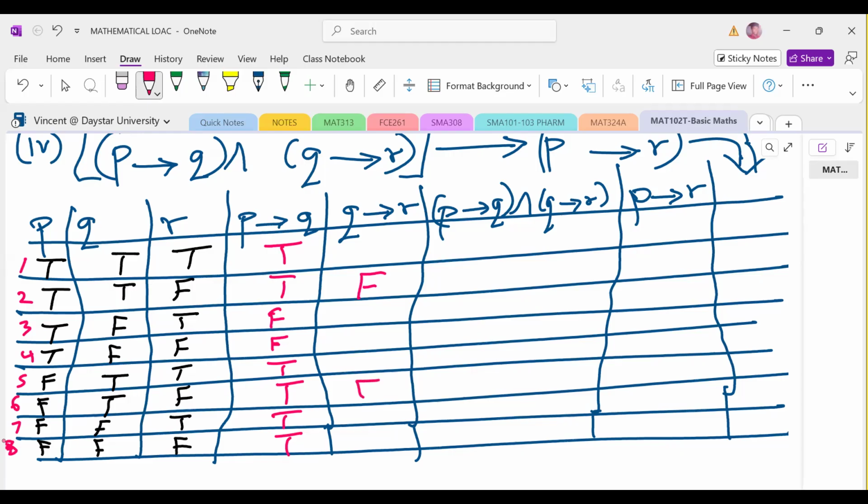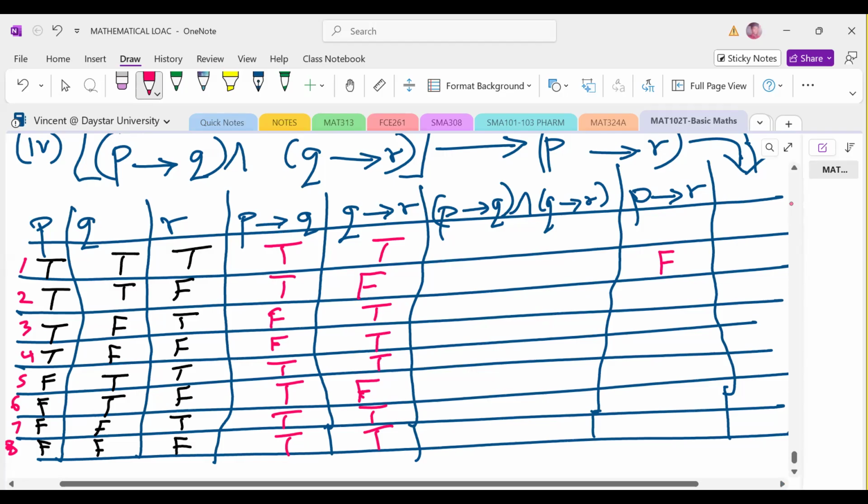So F. The rest will be given by T, isn't it? So I have T, T, T, T, T, T. Now before we finish here, let's fill this column for P implies R. Okay? Now for P implies R, tell me where I will put an F. The second, F. Fourth one. 4, isn't it?